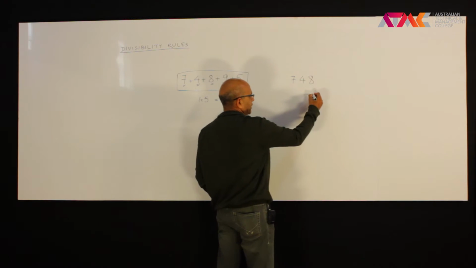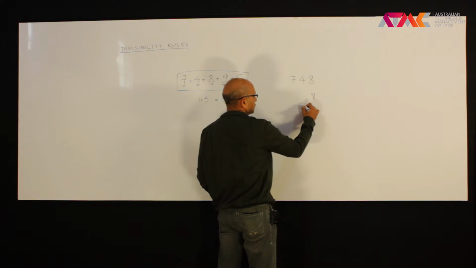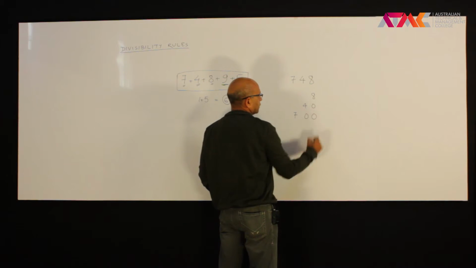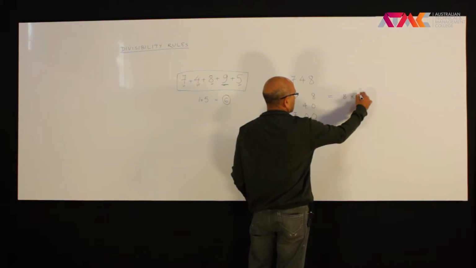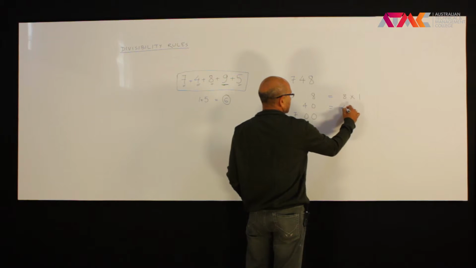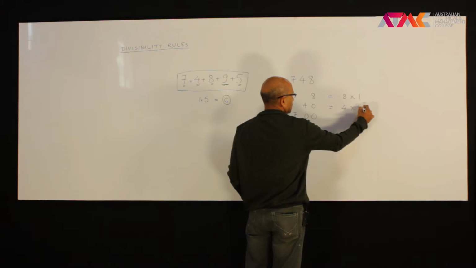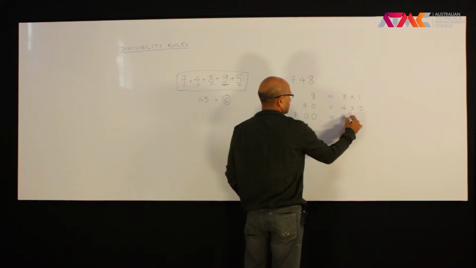I can write this as 8 plus 40 plus 700. And obviously I can also write this as 8 times 1, 4 times 10, and 7 times 100.